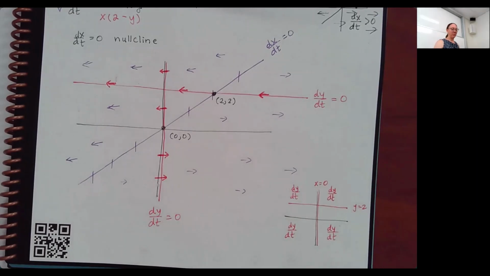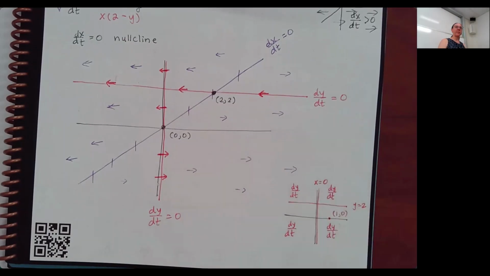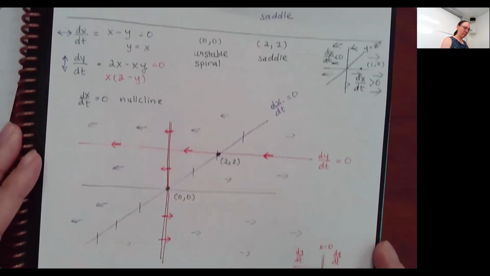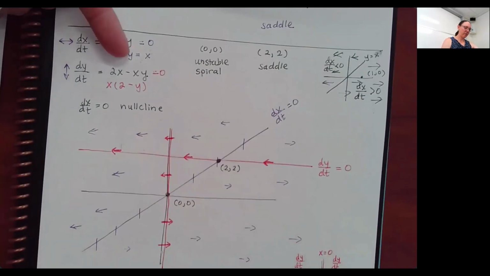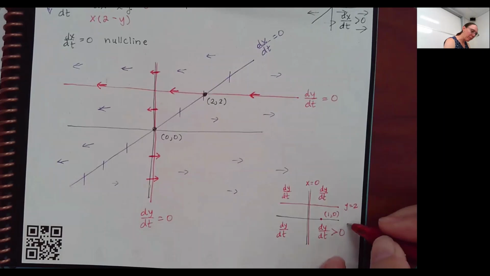So I'm going to pick something in this quadrant down here, and I'm going to just choose the same point, 1, 0. And this time I'm going to plug it into dy dt. So if I plug in 1, 0 here, I'm greater than 0. So everywhere in this little quadrant, I know I'm pointing up.